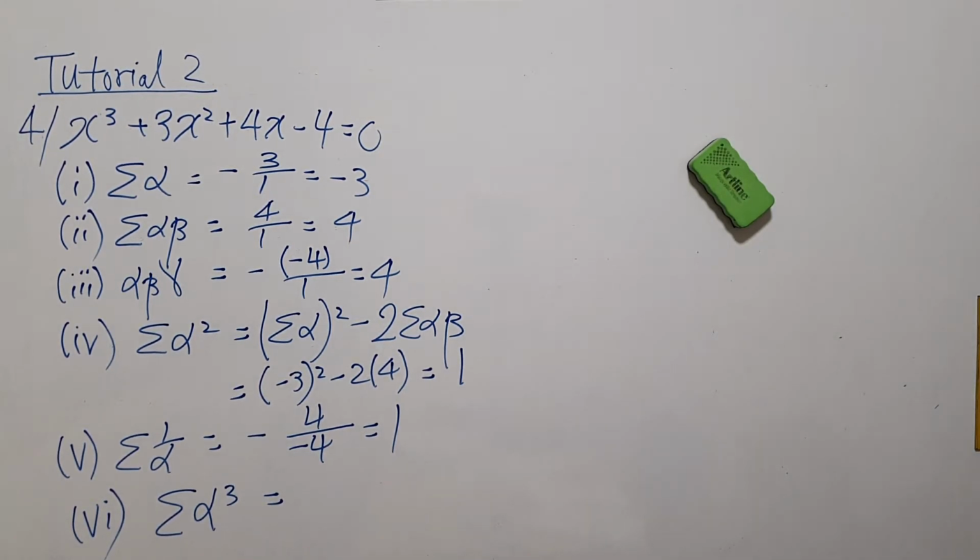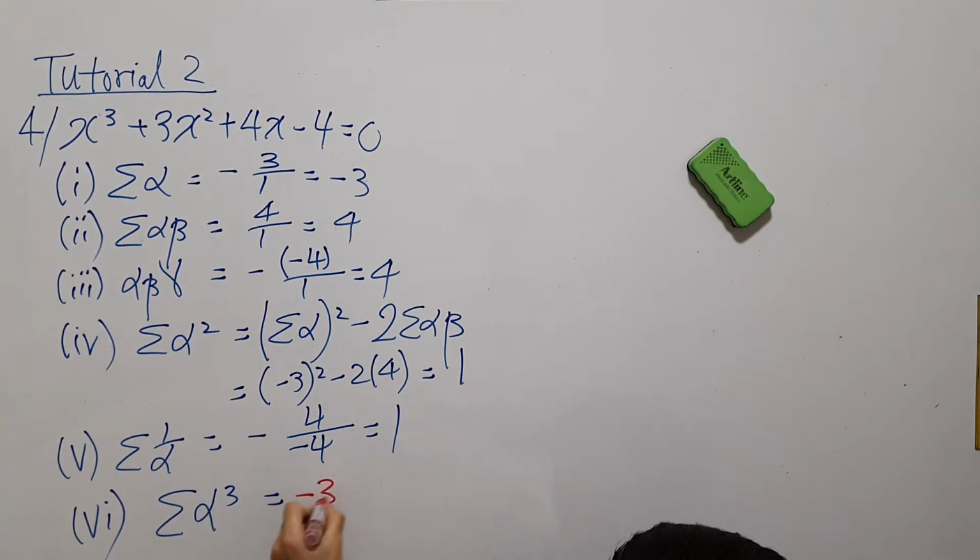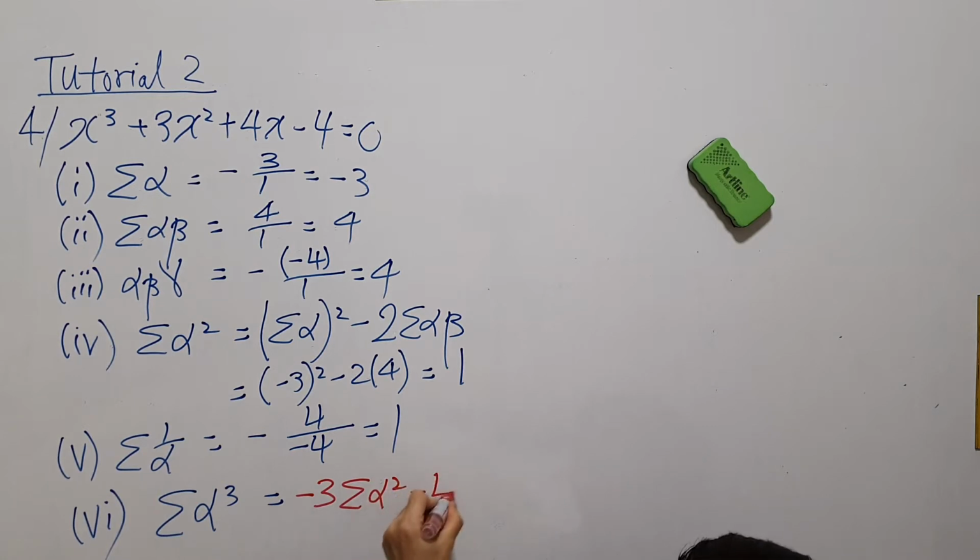To find the summation of alpha cube, this one becomes minus 3 summation alpha square minus 4 summation of alpha plus what? If you can read my mind, this is plus 12.